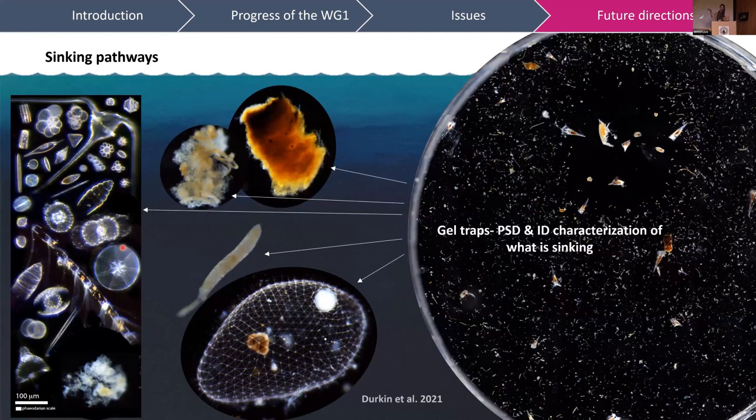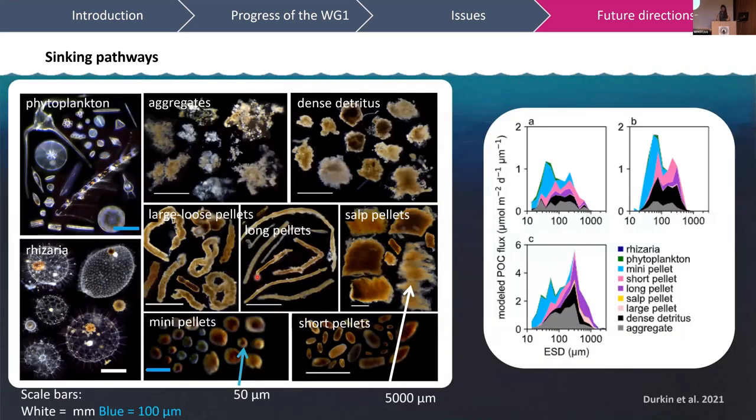This is a slide to show that we can recover characterization, including the particle size distribution of particles from trap imaging. And using this method, Durkin et al. 2001 obtained gravitational flux by sinking pathway and size, which is really promising. And I guess it is in that type of direction that we need to go to assess the different sinking pathways.